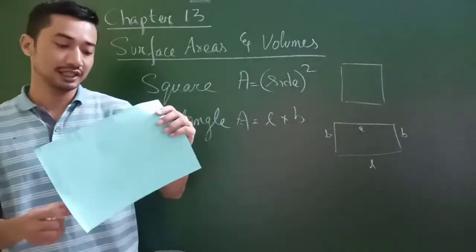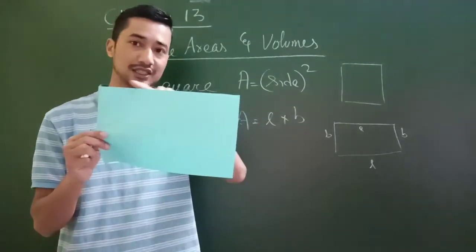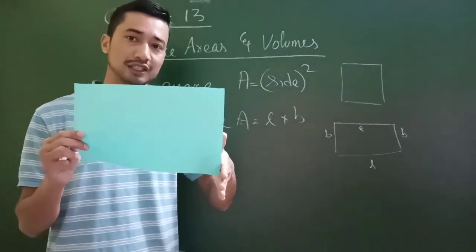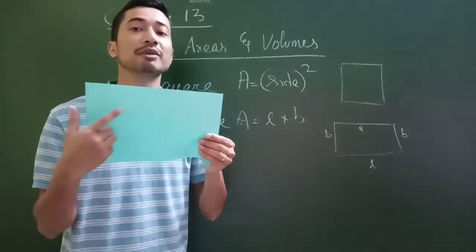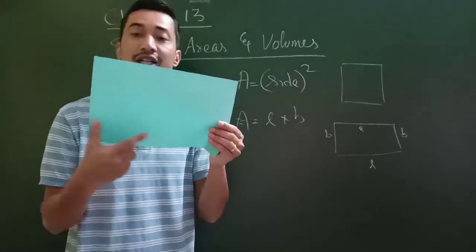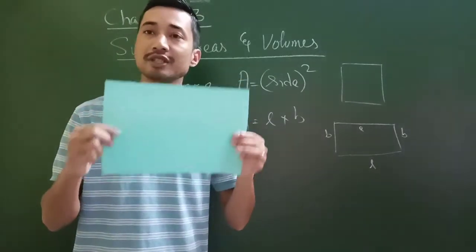The rectangle is a two-dimensional figure, like a piece of paper. This is a piece of paper, so we can consider this as the length, and this as the breadth. So area is length into breadth. What is the space occupied or covered by this particular paper? That's going to be the area of this particular rectangular piece of paper.